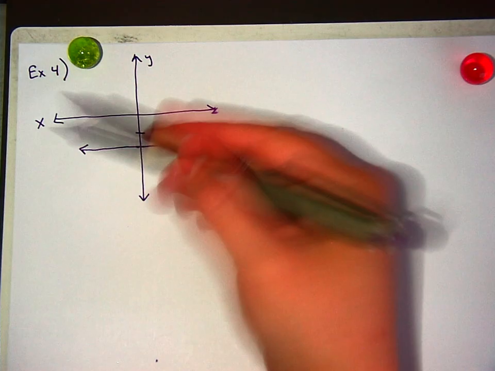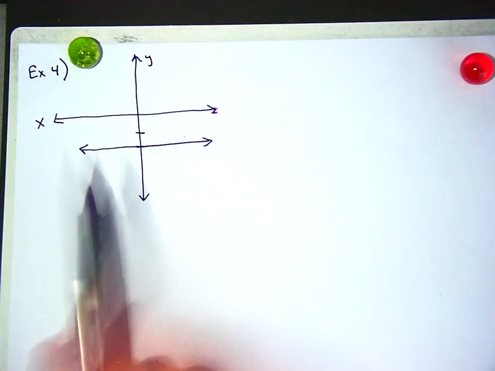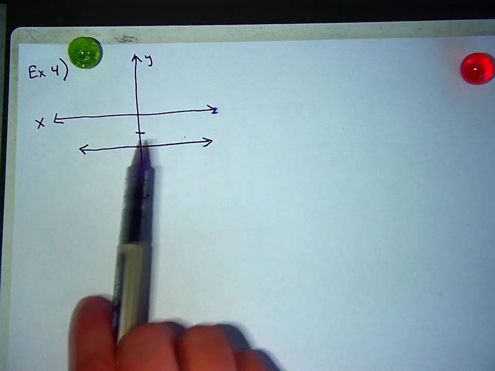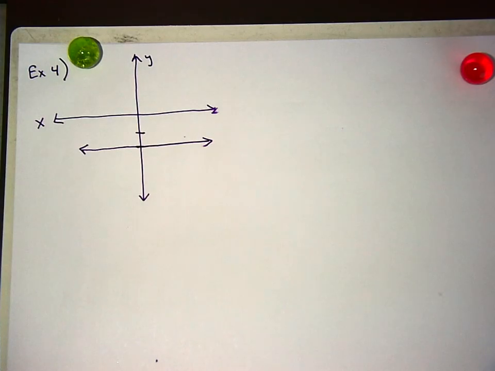So this is the x-axis, this is the y-axis, and this is my line. It's like a flat line at -2. Just make sure your graph looks like mine.